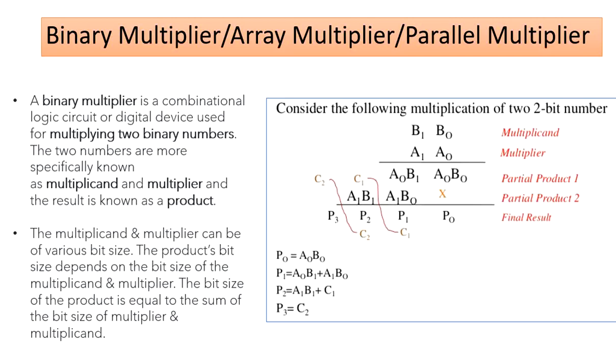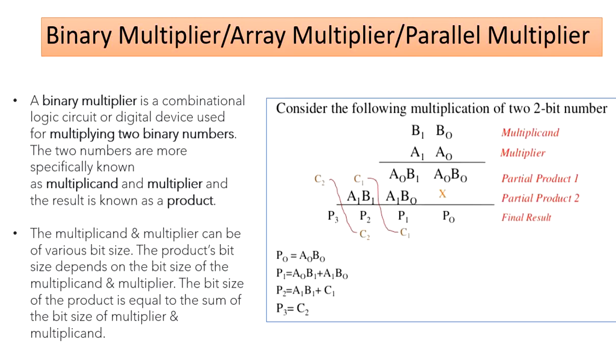The combinational circuit implemented to perform such multiplication is called an array multiplier or a combinational multiplier or a parallel multiplier. Now, if you are to realize these binary multipliers using gates, then you can realize the partial products or the single bit products by using AND gates.